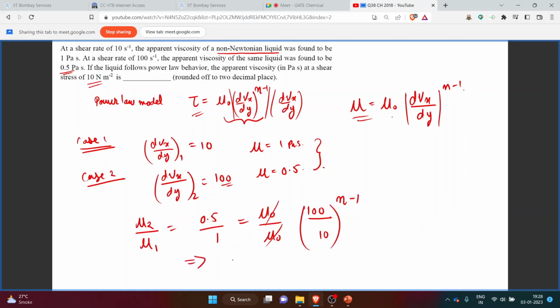From that, we will have 0.5 is equal to 10 raised to n minus 1. Now from here, we have to find the value of n minus 1. So we can take the log on both sides, and ultimately we will get the value of n minus 1 as minus 0.3. So the value of n will be 1 minus 0.3, that is 0.7.